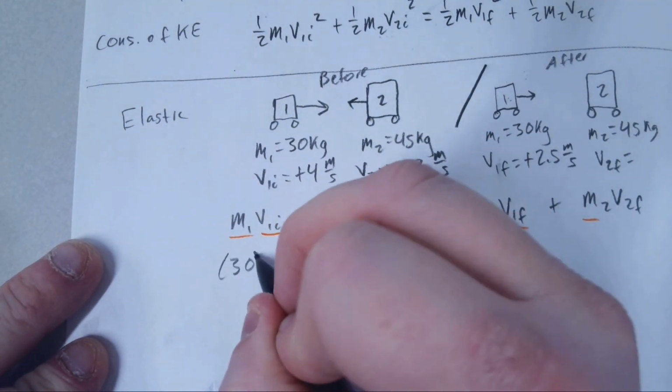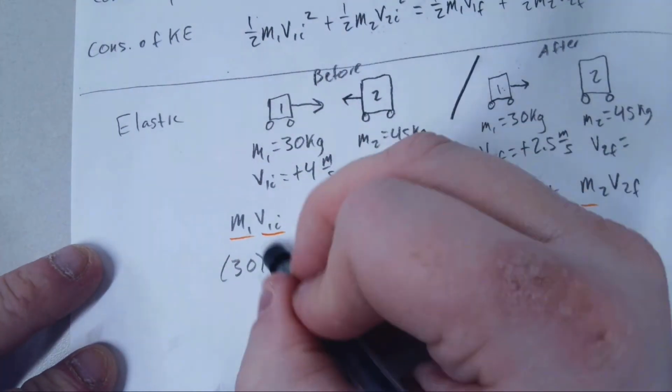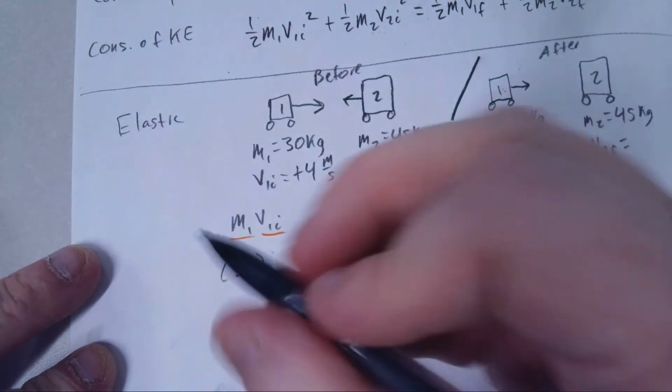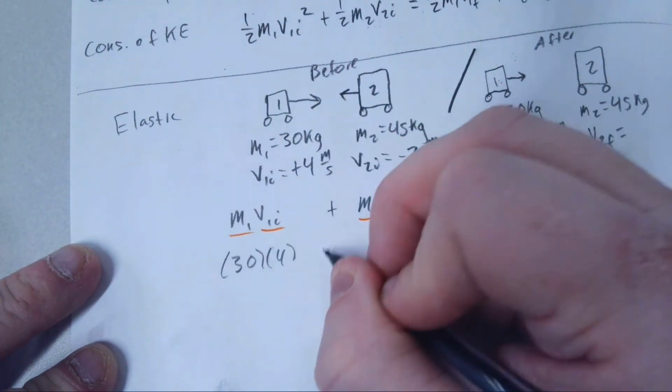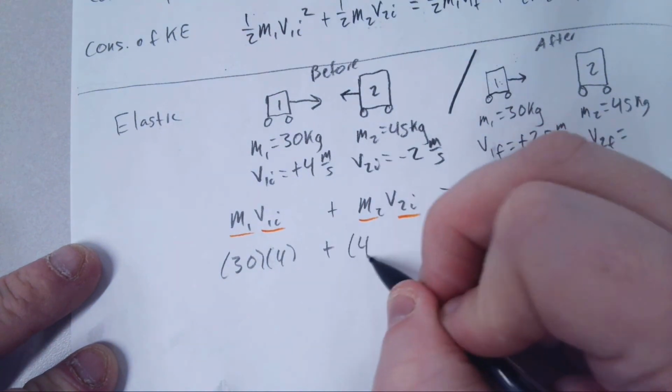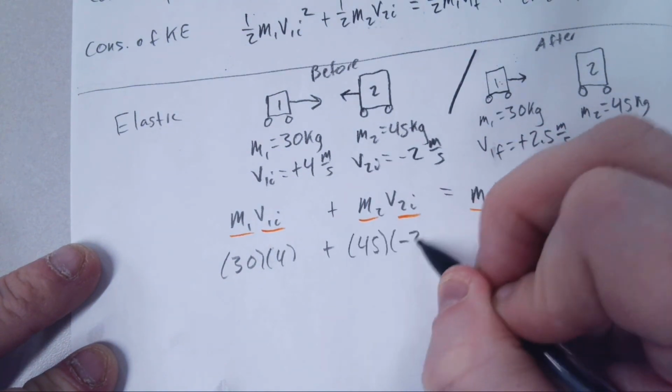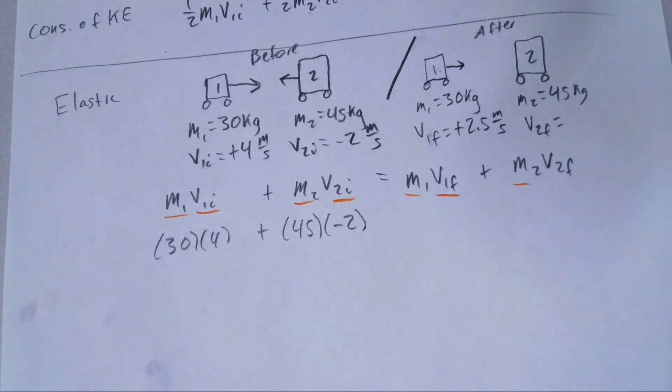So 30 times 4. 45 times negative 2. Done the hard work. Show that the initial velocity of the second cart is negative 2.